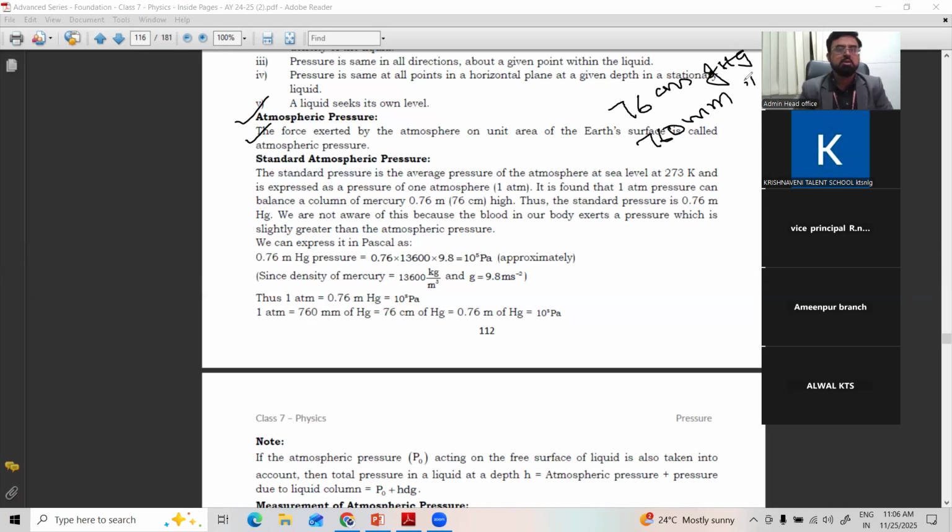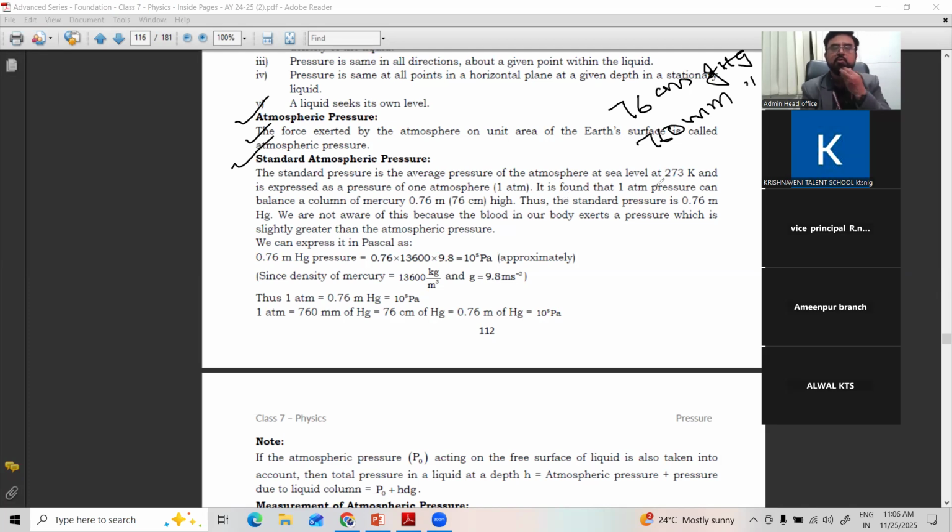Okay. So the pressure exerted by the atmosphere on unit area of the earth's surface is known as atmospheric pressure, right? So standard atmospheric pressure. The standard pressure is average pressure of the atmosphere at sea level, 276 K, that temperature, and is expressed as 1 atmosphere, 1 atm.